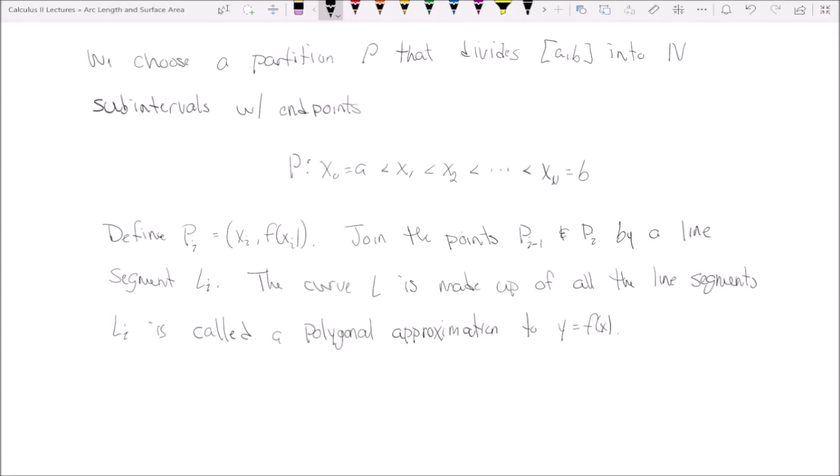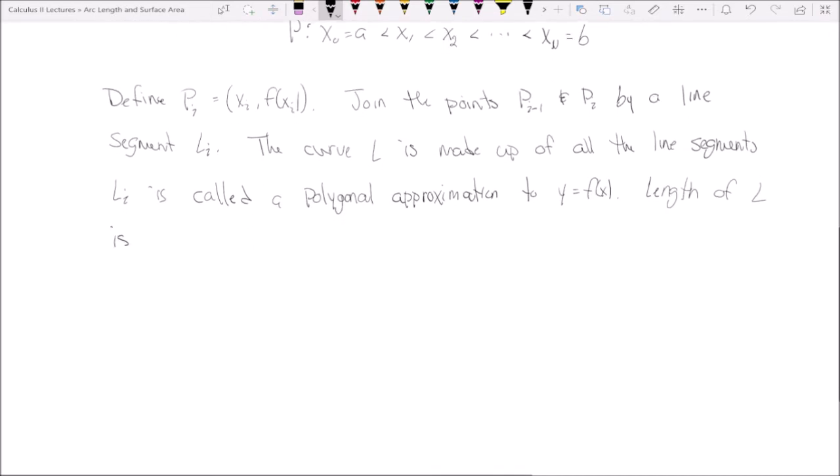Well, then the length of L is the sum of all the lengths of the line segments. Now, obviously, as the number of subintervals increases, we're going to get a better and better approximation to the actual curve, and hence this sum will give us a better approximation to the true arc length.